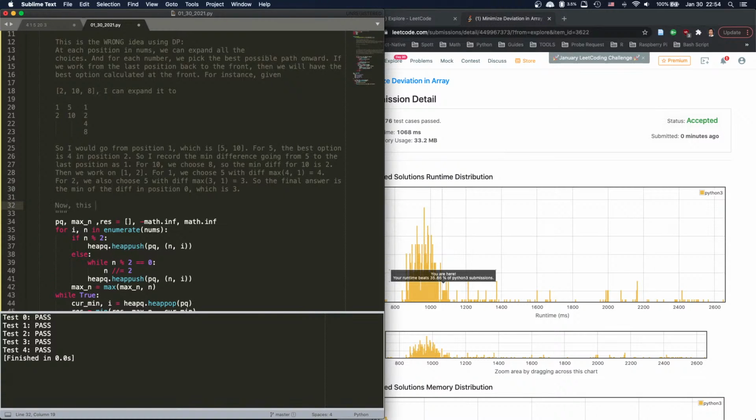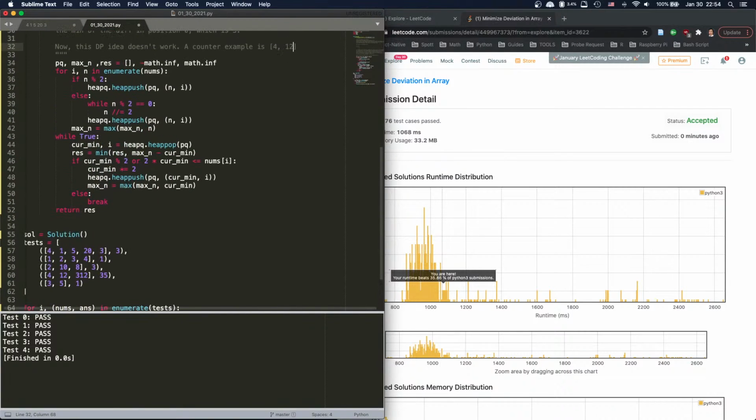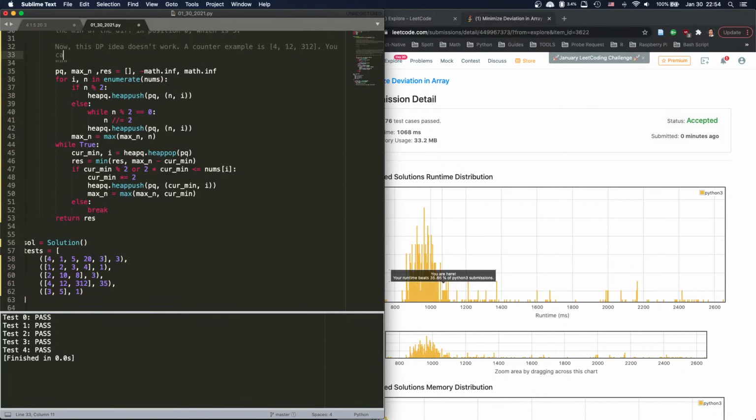Now, this DP idea doesn't work. A counter example is 4, 12, 3, 12. You can try it yourself.